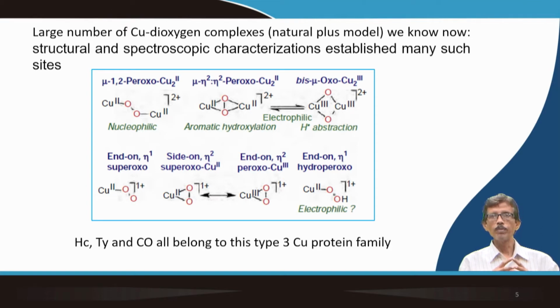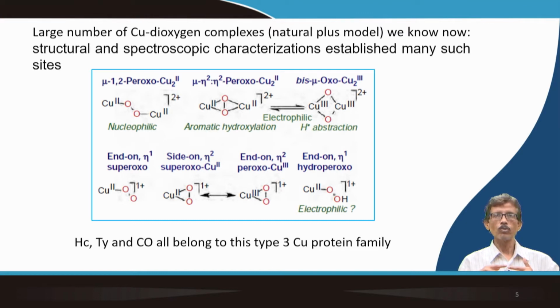So, when you have this mu eta 2 binding between these two copper centers, you see that at one point, not in your biological world, which is a soft world, but if you go to a very harsh and hard world like synthetic molecules or laboratory prepared model compounds, you can break the O-O bond.